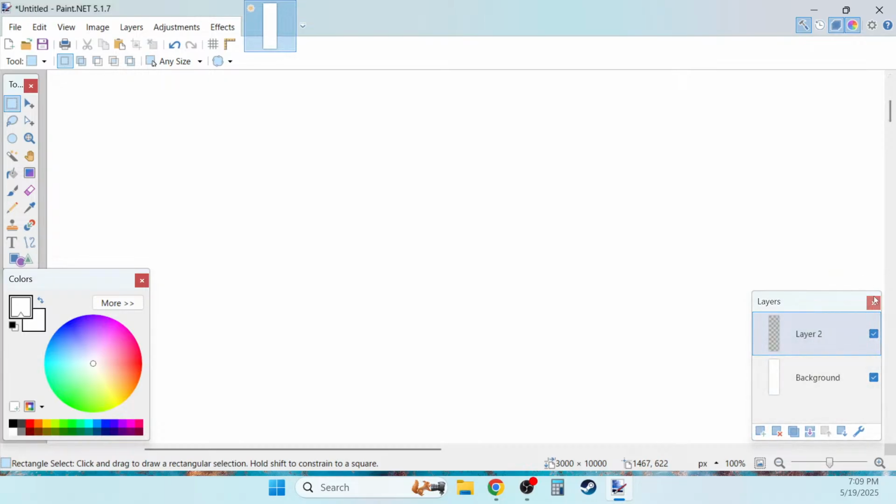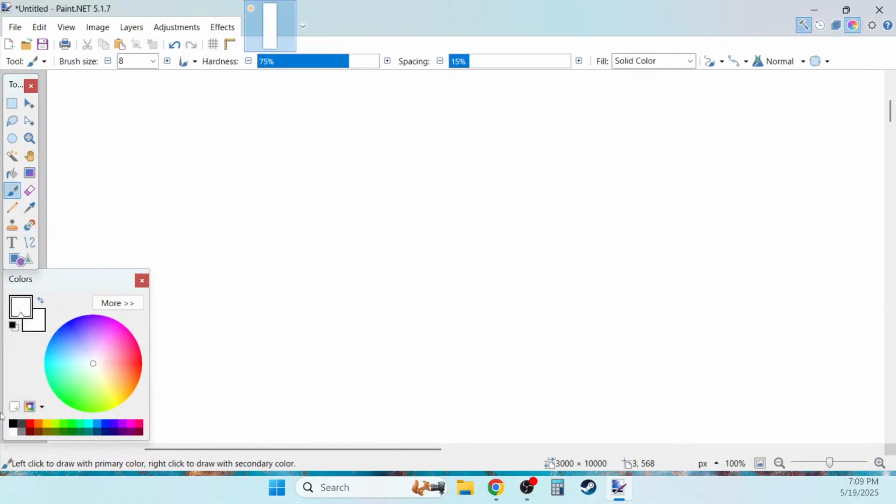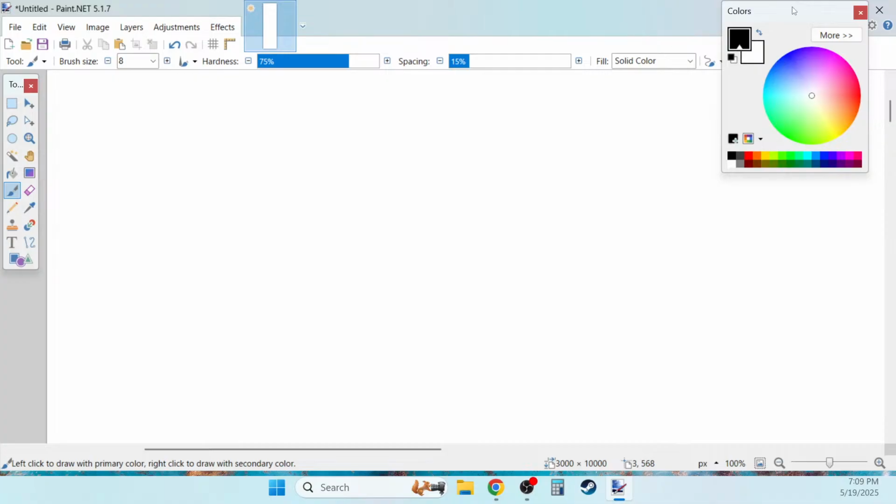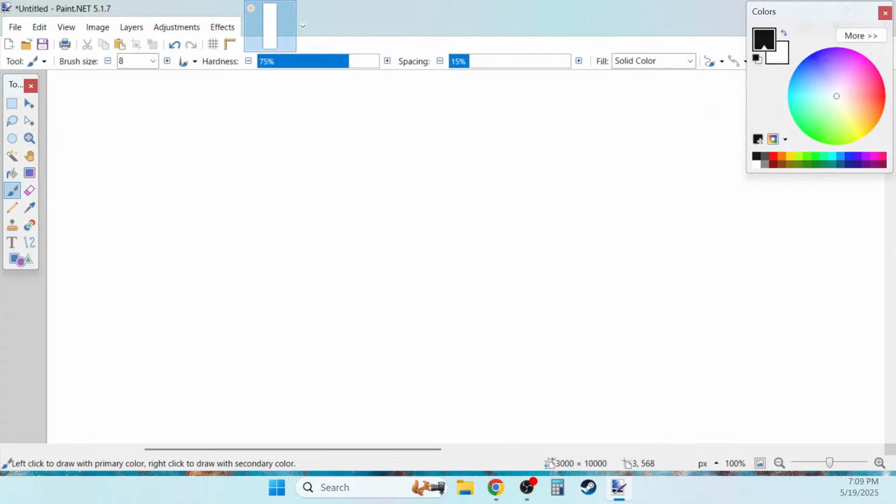Use brush and black. Okay. And then let's check to make sure that the broadcasting isn't going to go anywhere. Okay, that seems to be working.